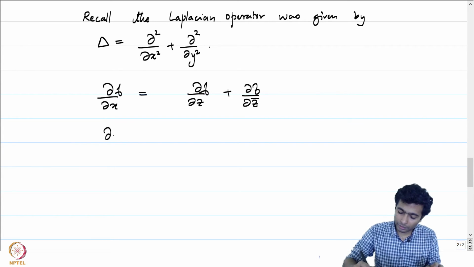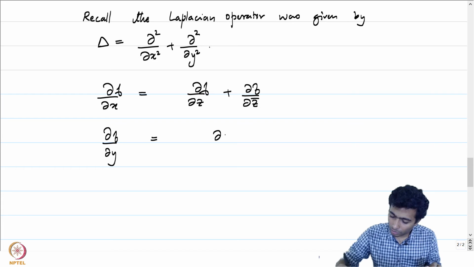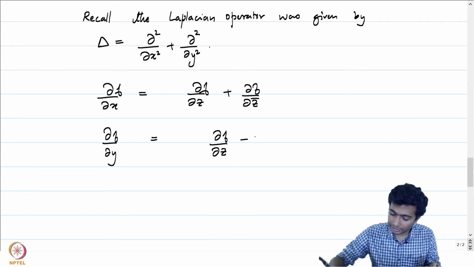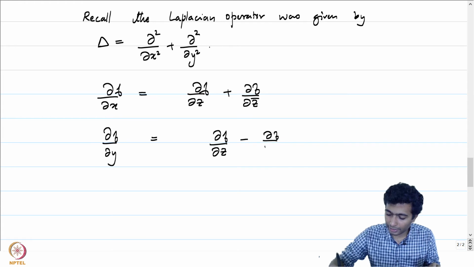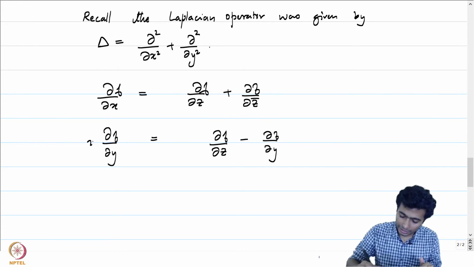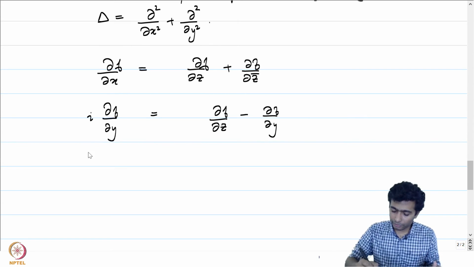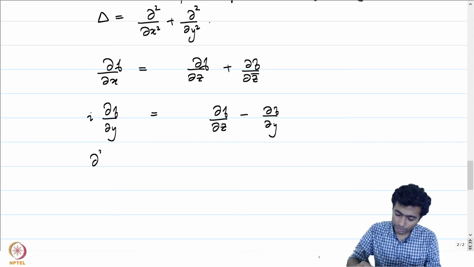And what will be ∂f/∂y? This is going to be equal to ∂f/∂z minus ∂f/∂z bar, and we have to be careful because this is going to be i times ∂f/∂y. Okay, so let's now look at what is going to be ∂²f/∂x².